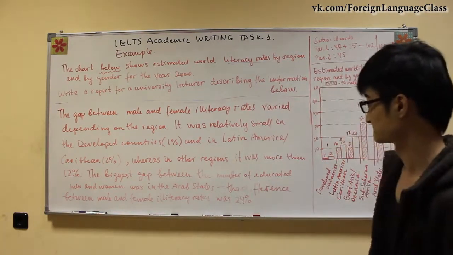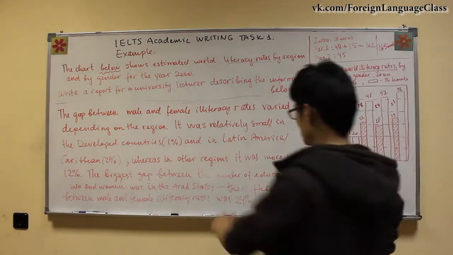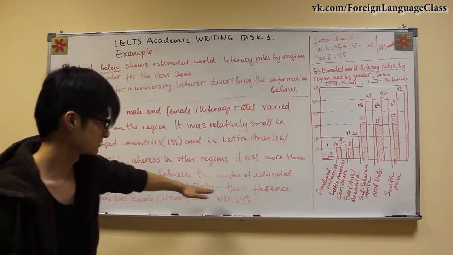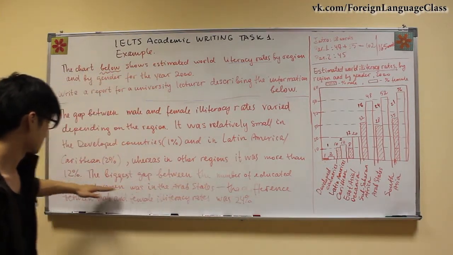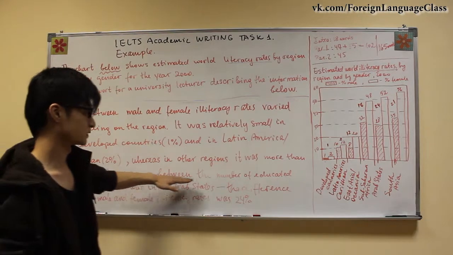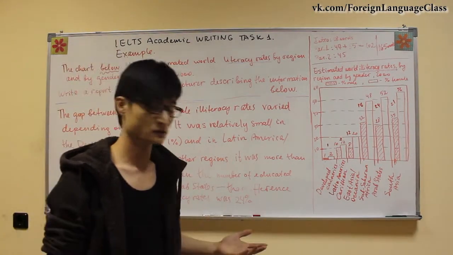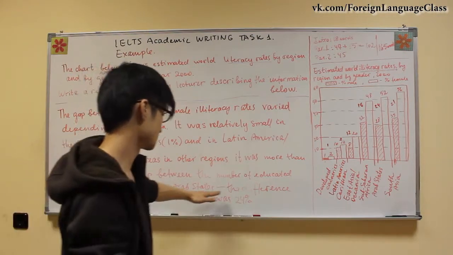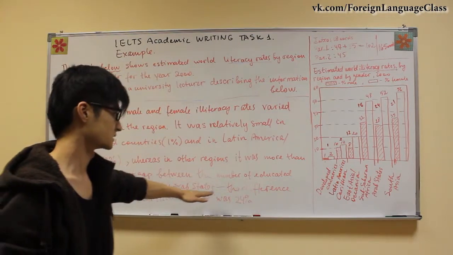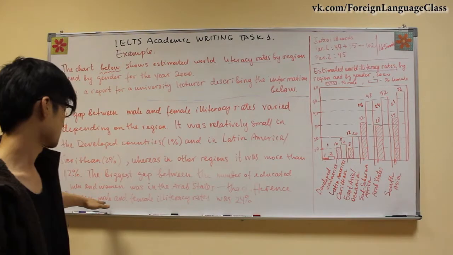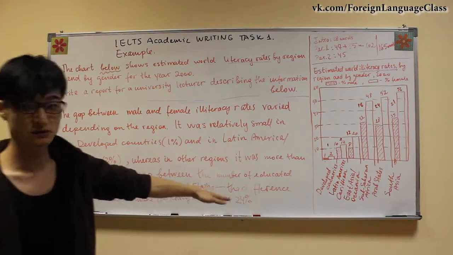We cannot write here 24% because we are describing the gap between the number of educated men and women. The number is in number of people, not in percent. So here we give an explanation that the difference between male and female illiteracy rates was 24%.